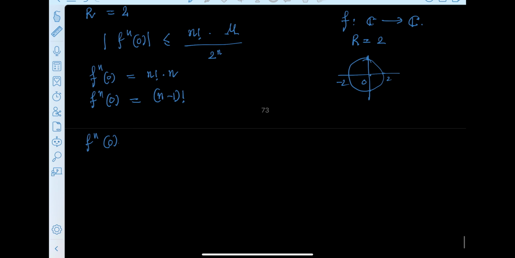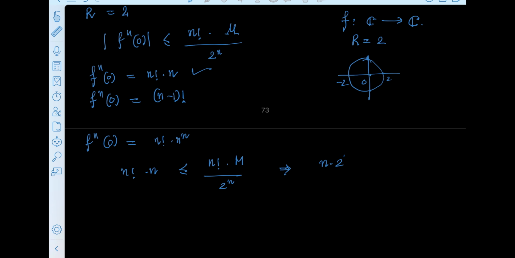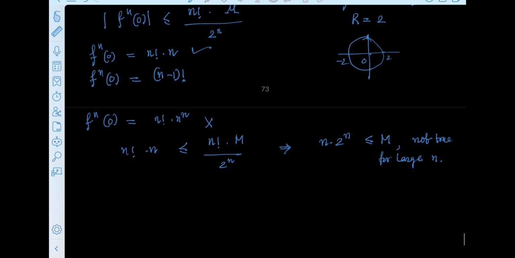So if f^(n)(0) is n factorial times n, just put this in the inequality. Then n factorial times n has to be less than or equal to n factorial times M divided by 2 to the power n, which will give you n times 2 to the power n is less than or equal to some constant. But this is certainly not true for large n. So this option is not correct.